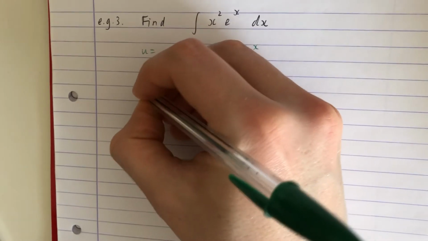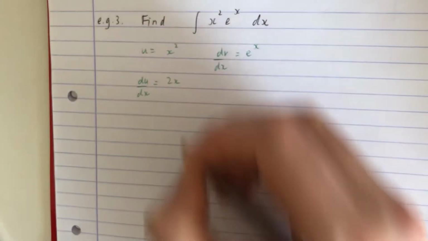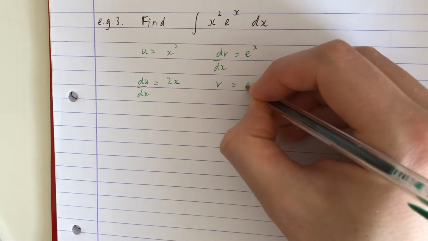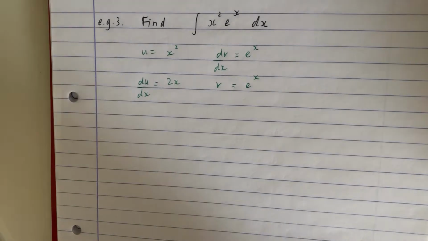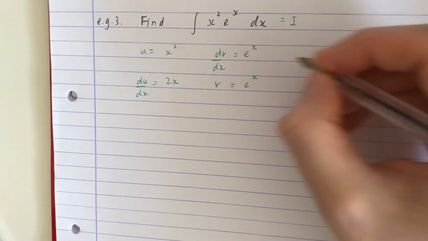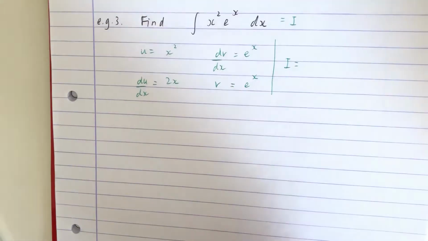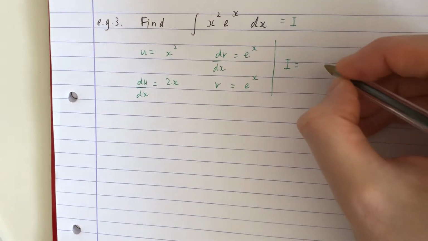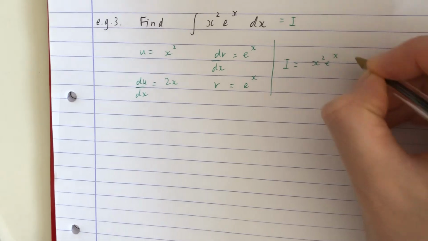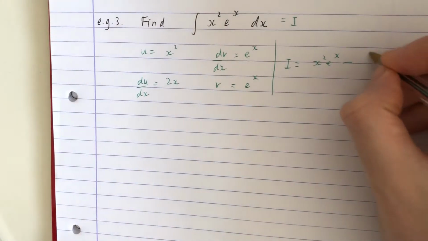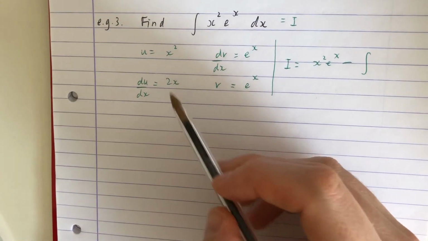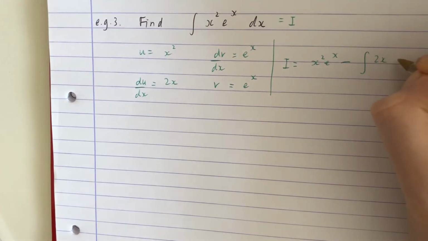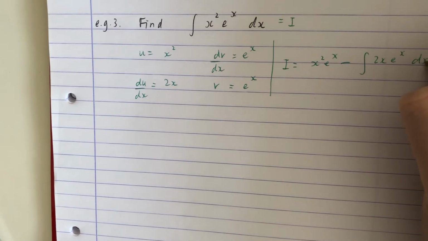So du by dx would get simpler, it goes to 2x, and this integrates to e to the x. So if I call that I, it would be equal to, the formula says uv, so x squared e to the x, subtract the integral of v times du by dx, so 2x e to the x with respect to x.